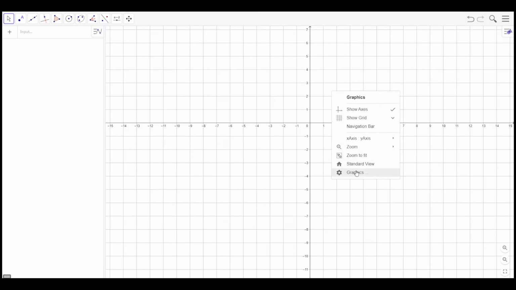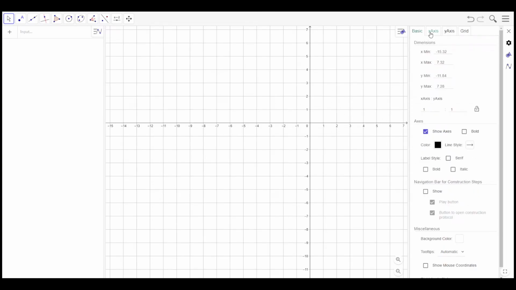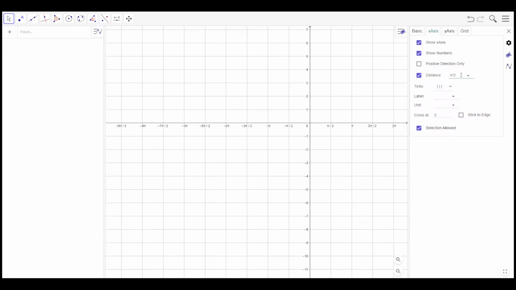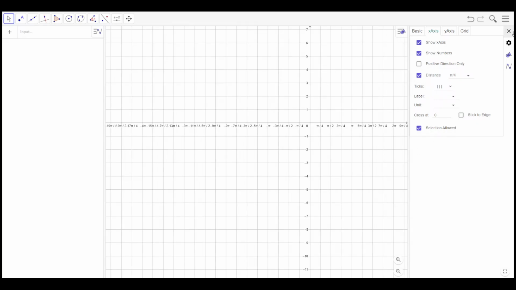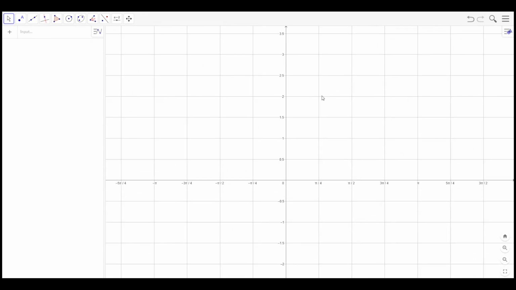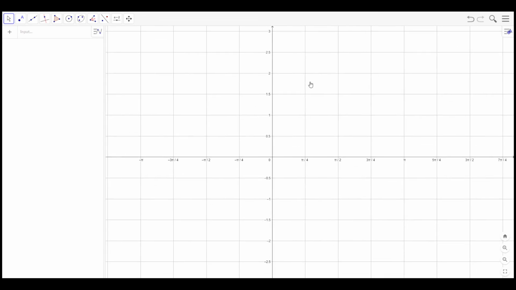Yes, that's good. And then let me change this x-axis to distance. I will choose pi over 4, I think that is better, yes. And then we have this, and then let me zoom in a little bit. And that's good, I think.